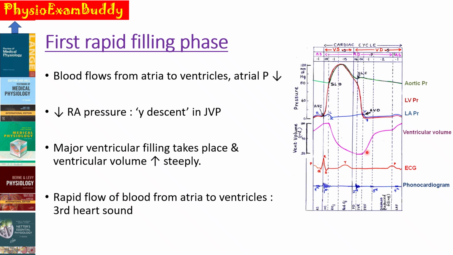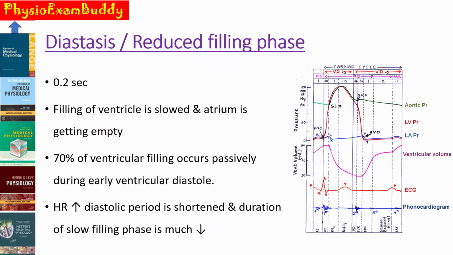That is why there occurs an increase in the ventricular volume in this phase. So the ventricular volume you have to draw as it rises steeply during the first rapid filling phase, and due to the rapid flow of the blood from the atria into the ventricle, it results in the third heart sound in this phase, that is the first rapid filling phase.